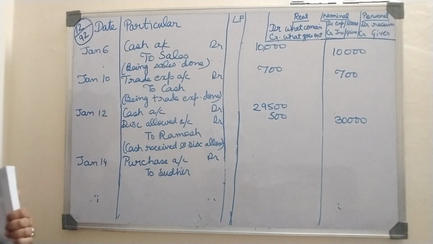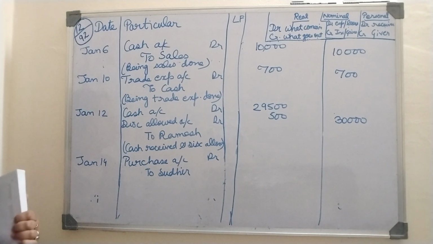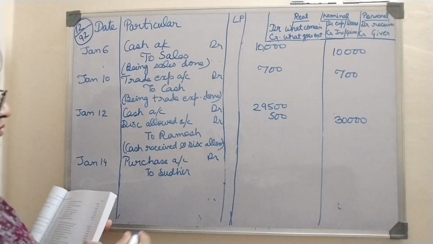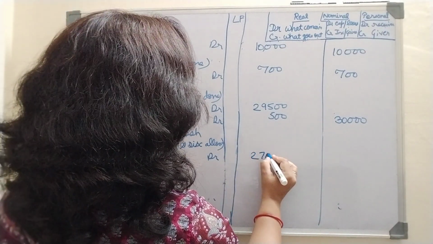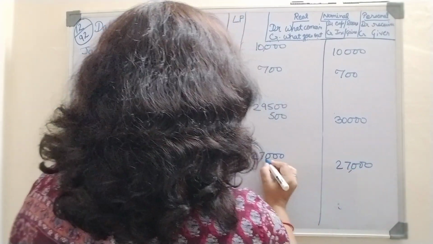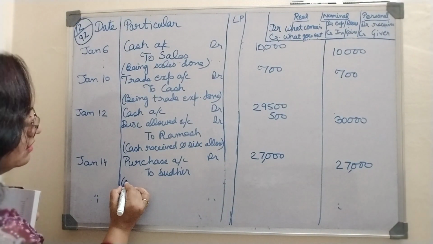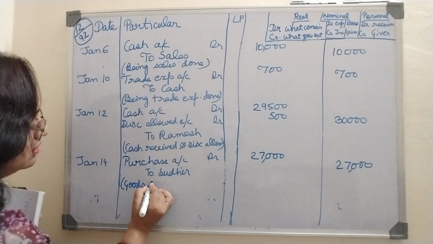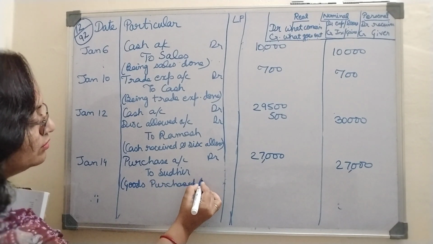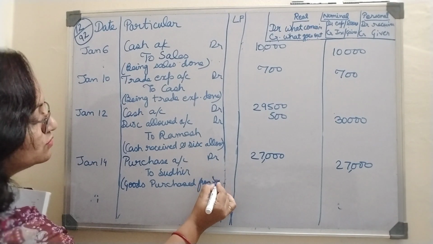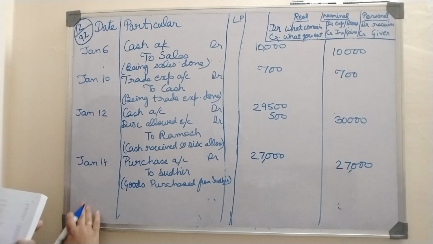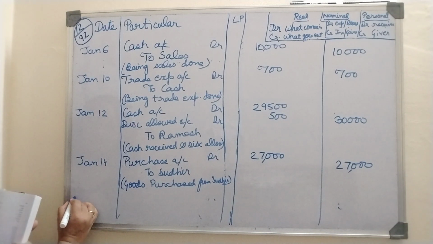Yes, you are correct. He is our creditor. We have to pay him later. Right? 27,000. Goods purchased from Sudhir.